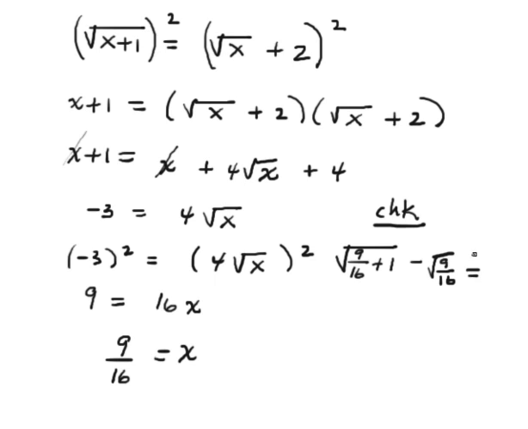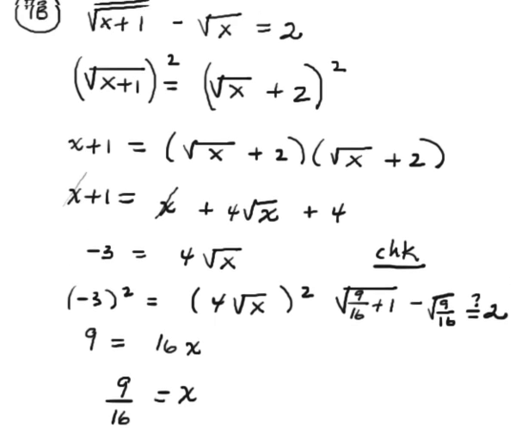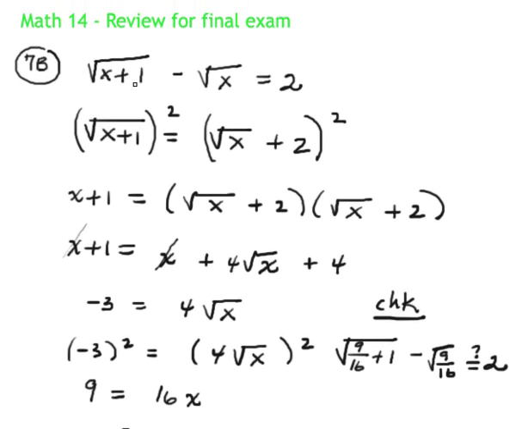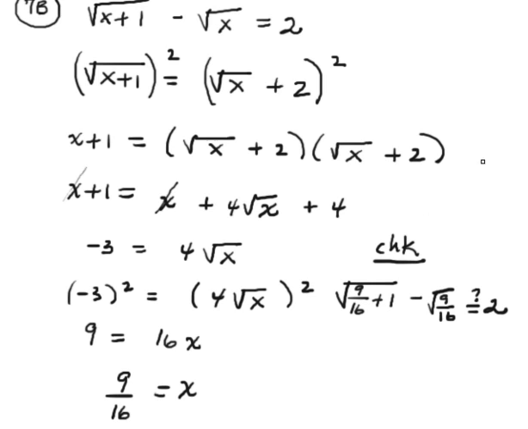Is that equal to 2? That's substituting back into the original. Let me just remind you, here's the original. So there we substituted in. So what do we get here?